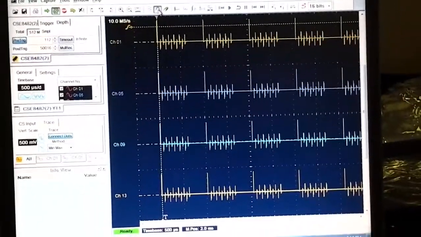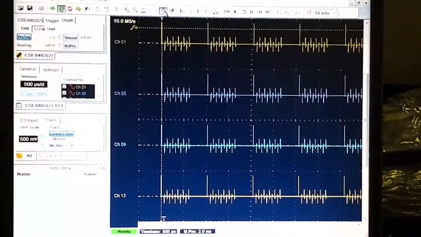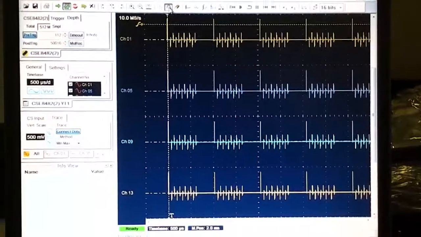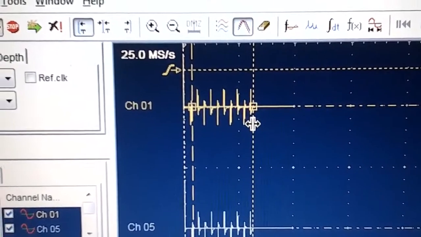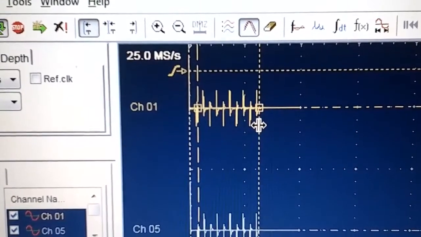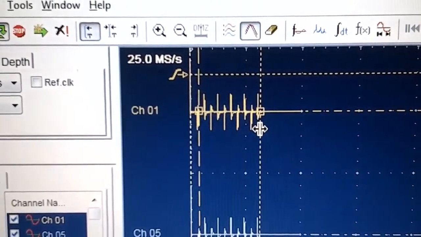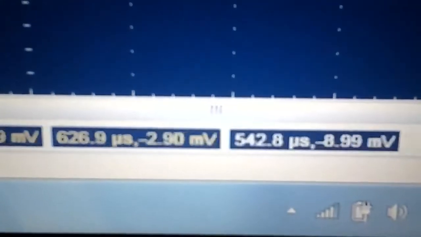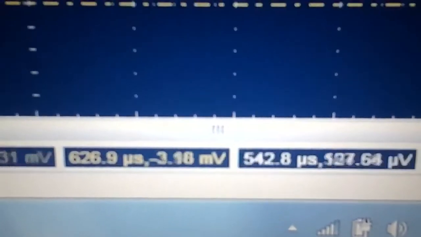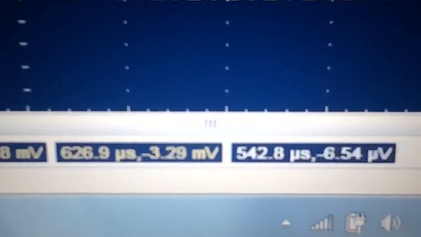Furthermore, if we measure the time across them, we should see 60 microseconds as I said before. Here we've put cursors around the 10 little pulses, so we would expect 9 separations of 60 microseconds, so we would expect to see 540 microsecond separation, and there you see 542, which is certainly consistent with 540 microseconds.